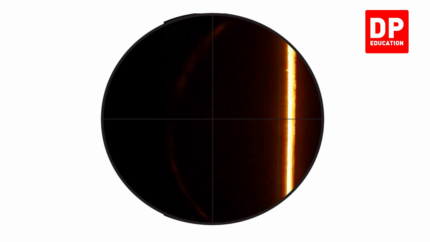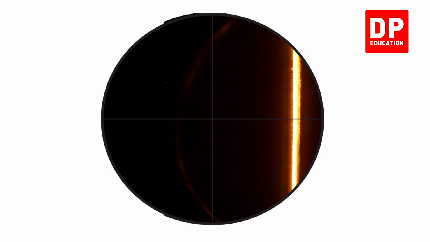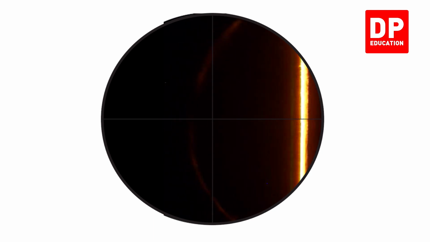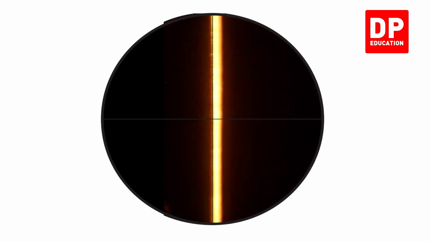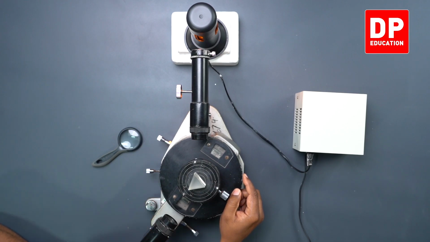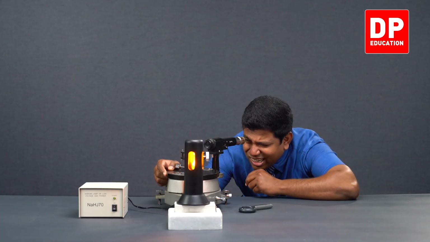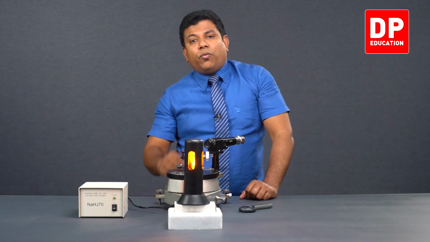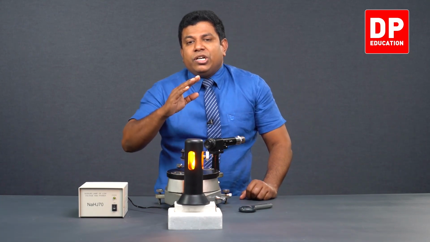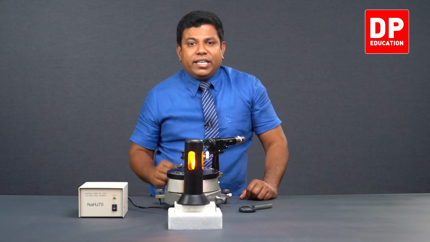I am rotating the table clockwise. Then the image is going to the right. At this point, image stops and starts turning to the left. So now I have found out where the image starts turning back.